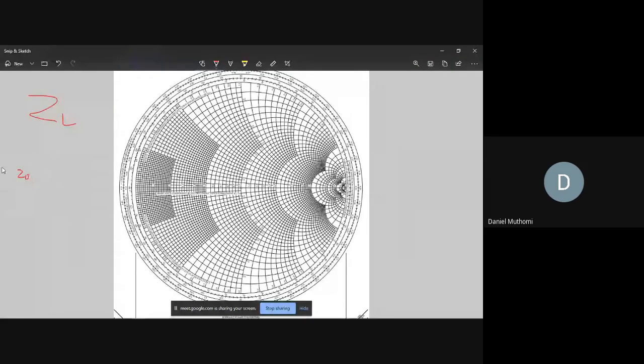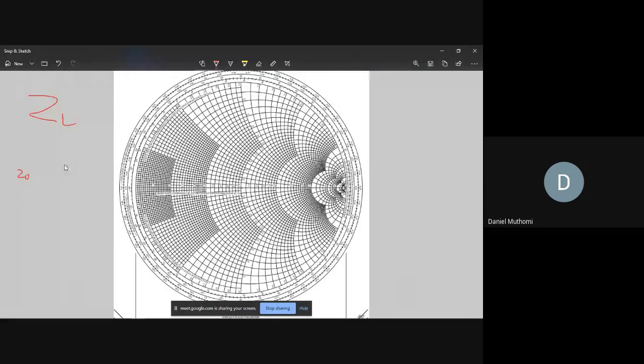The Z0 is your characteristic impedance, and your ZL will be maybe your load line or your source impedance, like the impedance you see when you're at the source. Yeah, that's your Z capital L.